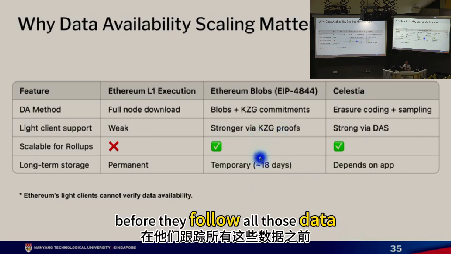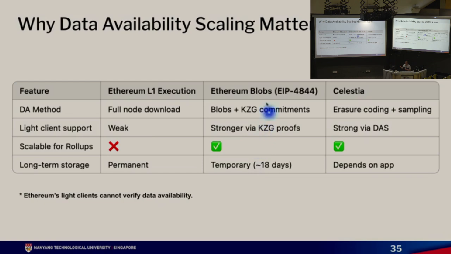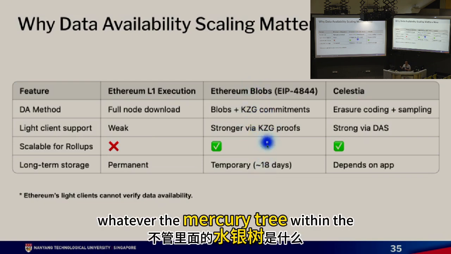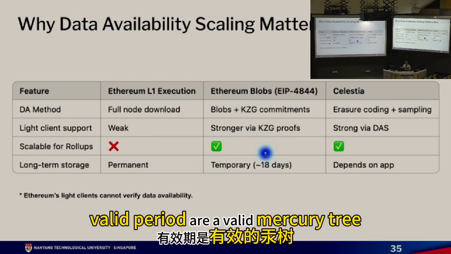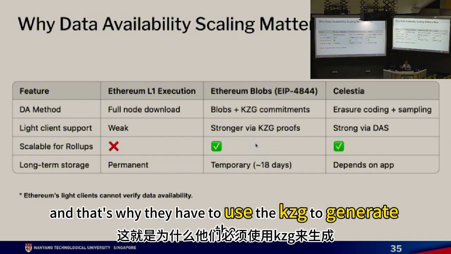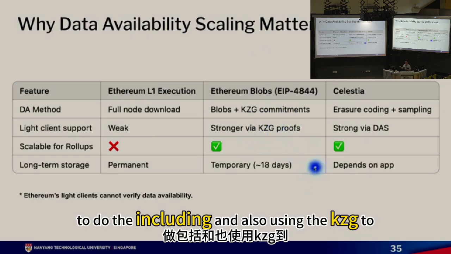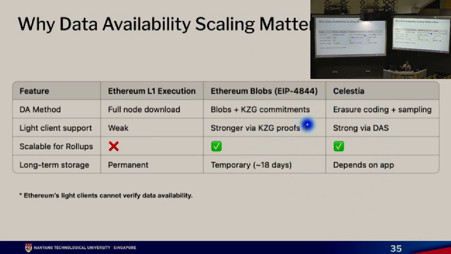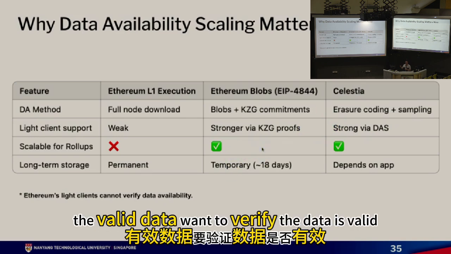Before they forgo all that data, they need to make sure the Merkle trees within the valid period are valid. That's why they use KZG to do the encoding, and also use KZG to decode whenever the validator wants to verify the data is valid.